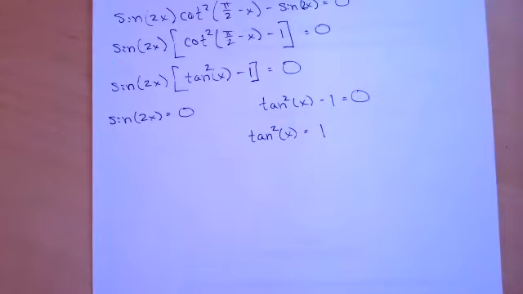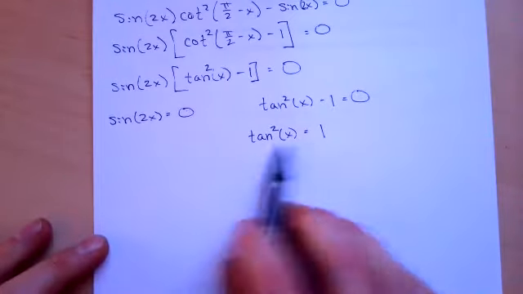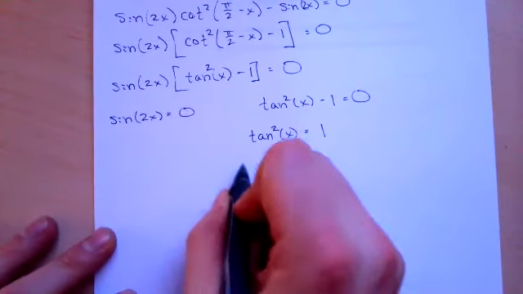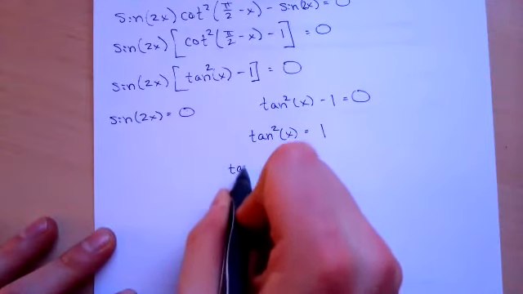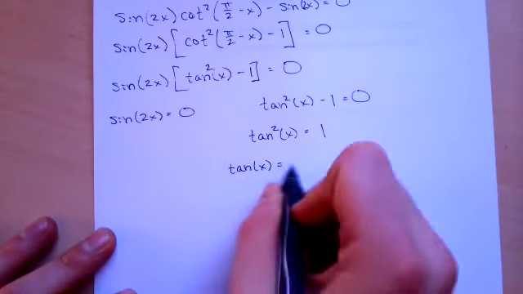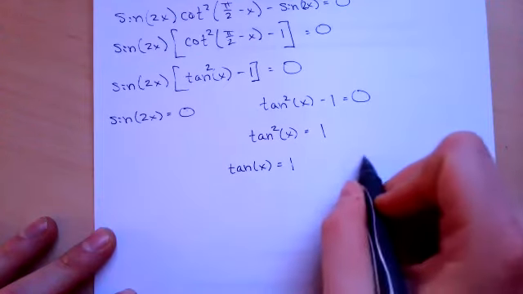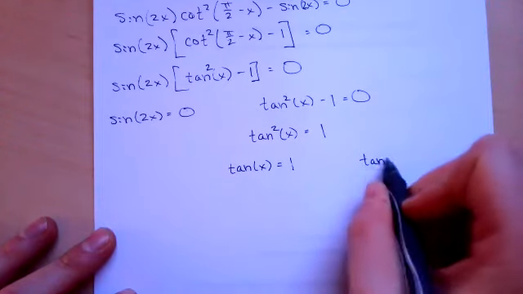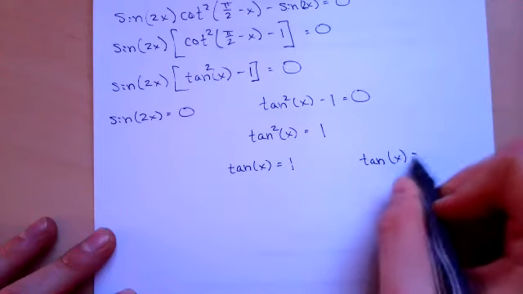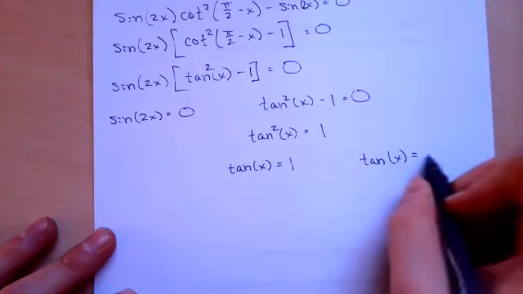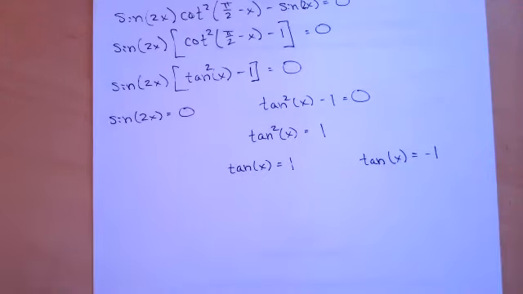They come up in our identities. So remember the plus or minus if you solve it this way. So really what we're going to have is tangent of x equal to plus or minus 1, which I'm actually going to write out as two equations, is what we mean by that. Tangent of x equals 1, and tangent of x equals minus 1.